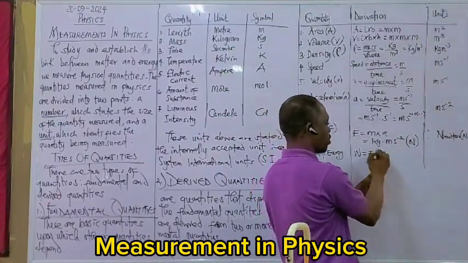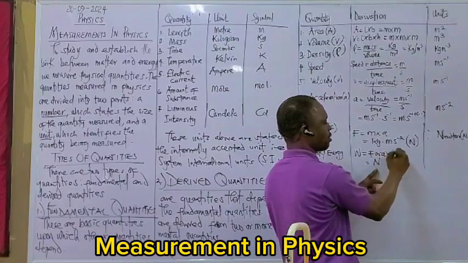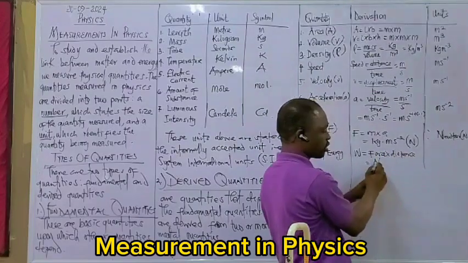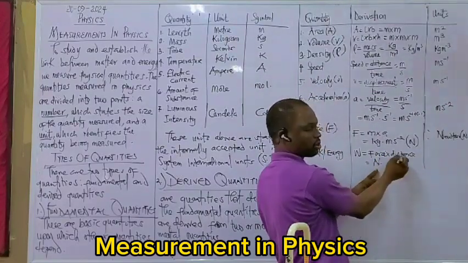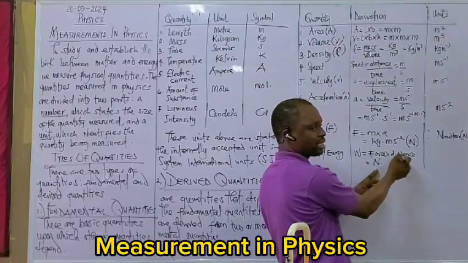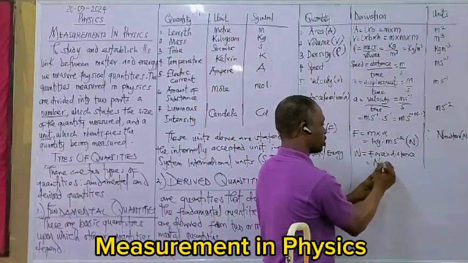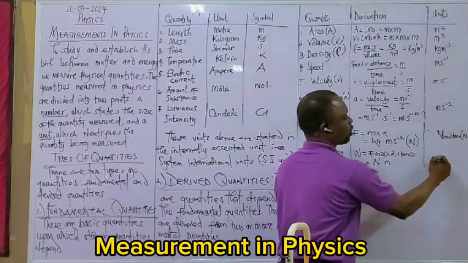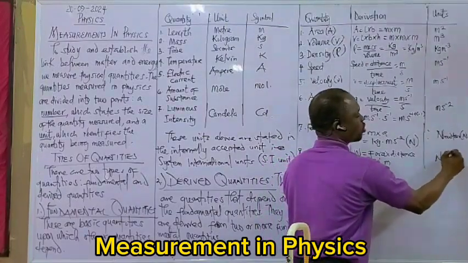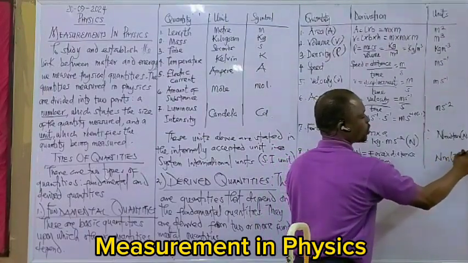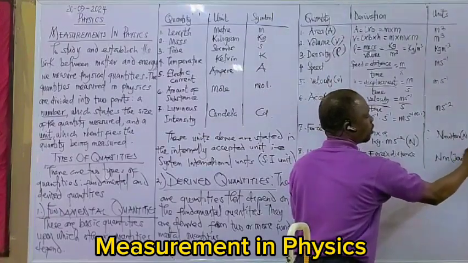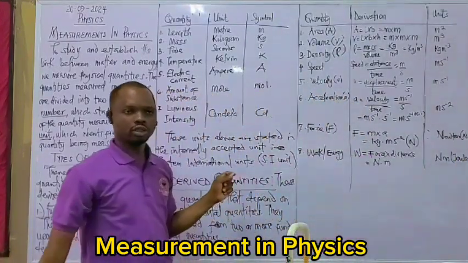Let me write it well for you. Force times distance. What is force? Newton. Times what? What is distance measured in? Meters. So we are going to write Newton meter. This Newton meter is what we call joules, J. Are you following?